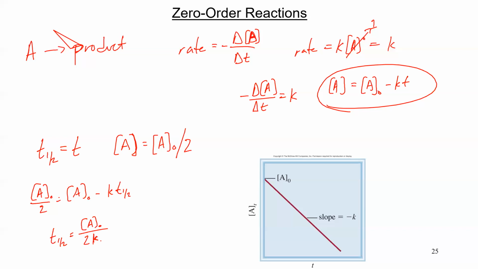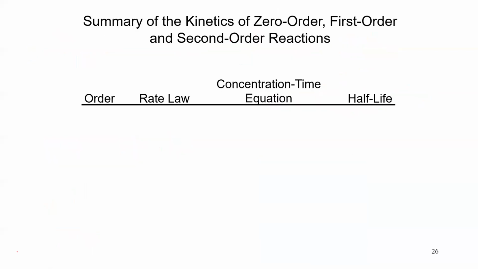So first, second, and zero order reactions, those are the ones that we're going to focus on in this chapter. Like I said, you might see one that's an odd reaction, but we won't deal too much with those. So I wanted to sort of bring everything together. We did first and second order on Friday. We're doing zero order today.